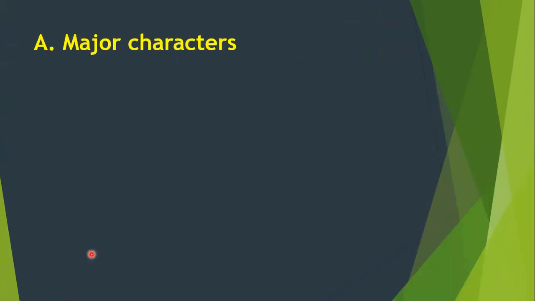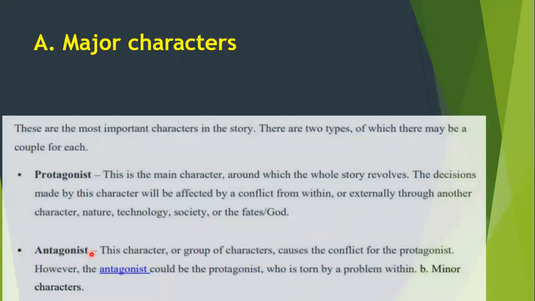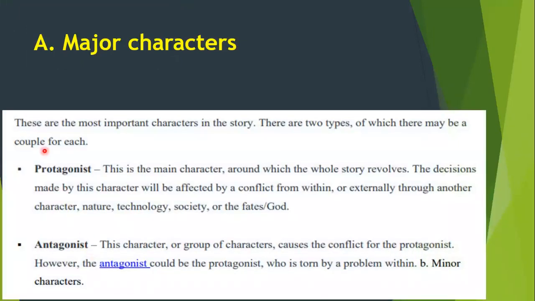So major characters. What is the definition of major characters? They are the most important characters in the story. There are two types, of which there may be a couple of each.